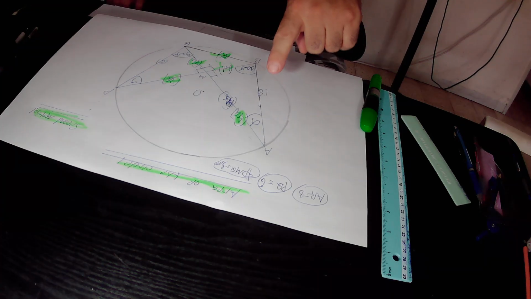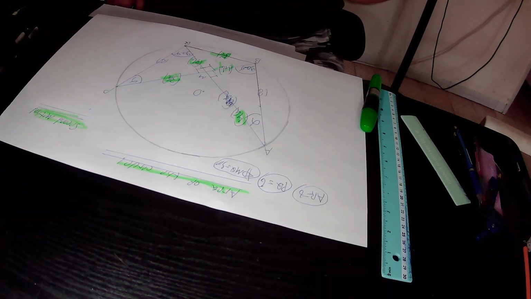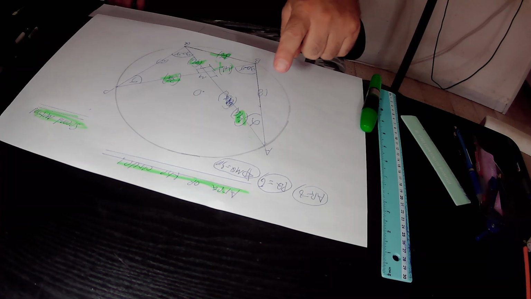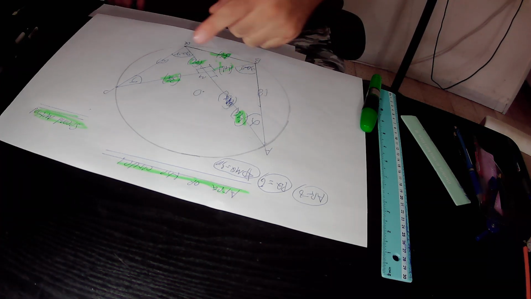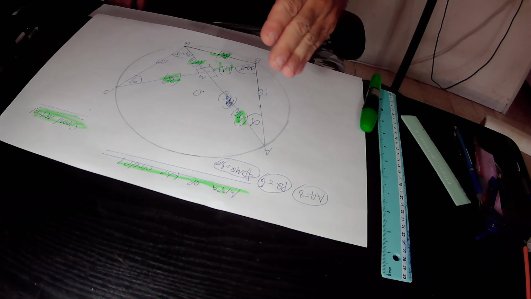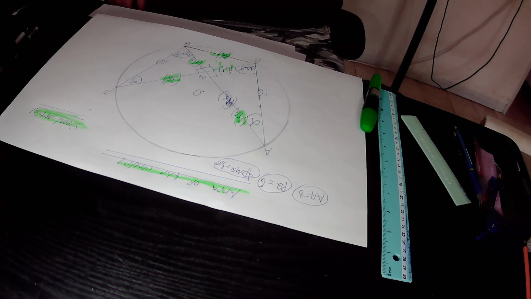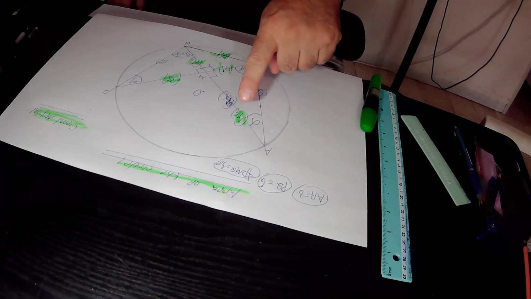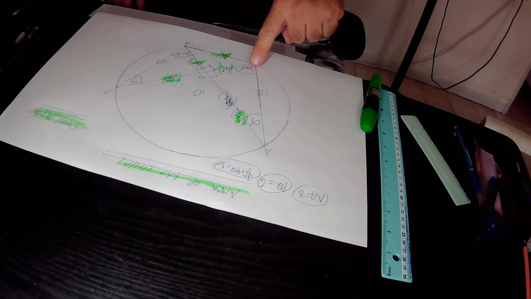This triangle ABQ is enclosed by this circle, and therefore 2R is the diameter of the circle that encloses triangle ABQ. So we have to take AQ over sine angle ABQ.